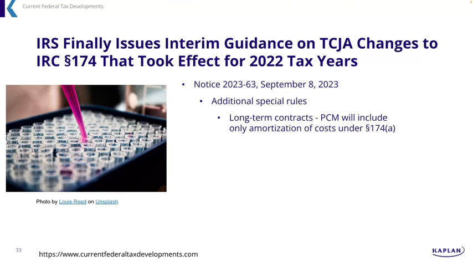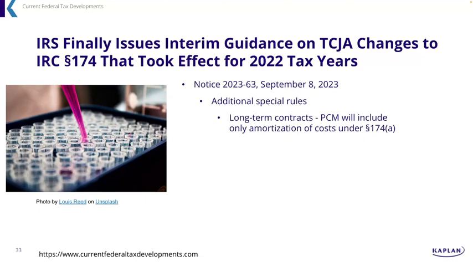And therefore, no matter how you get paid, no matter how you do the work, no matter the fact this whole building's been done, if all the costs are 174 costs, then you would basically recognize the income over 15 years ratably, 10 years ratably, I guess, especially if somehow the research costs could be all considered foreign, which seems difficult. I think it'd be a little tough to get them all. But certainly, you could get a good chunk of costs that you might try to treat as research.